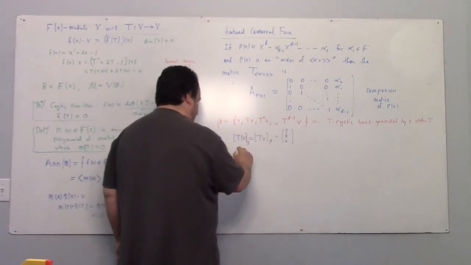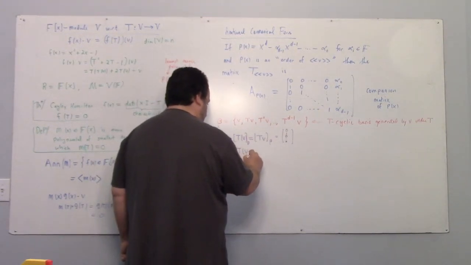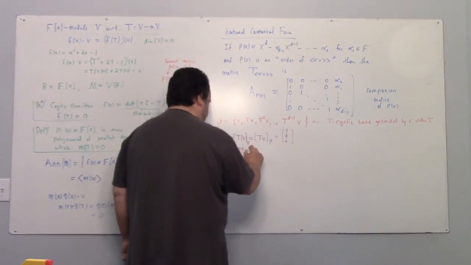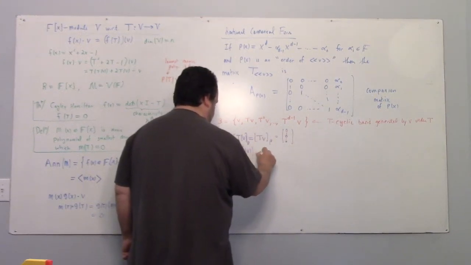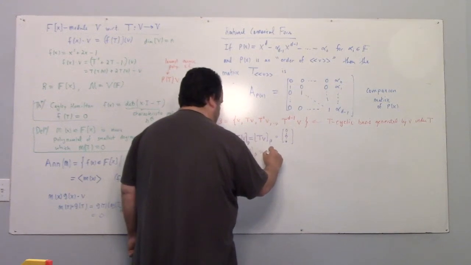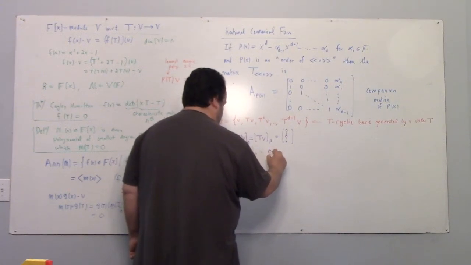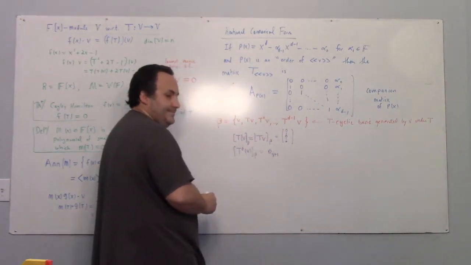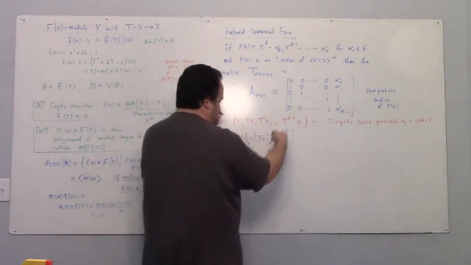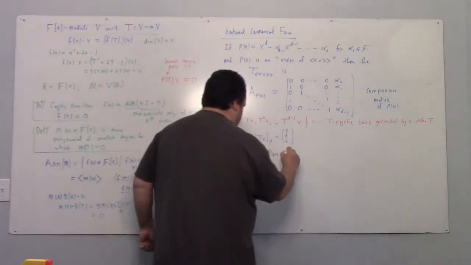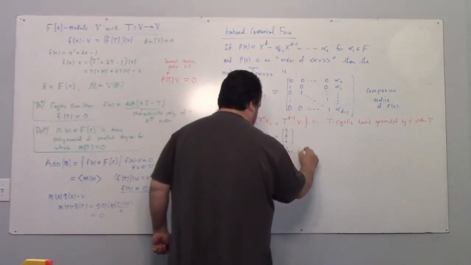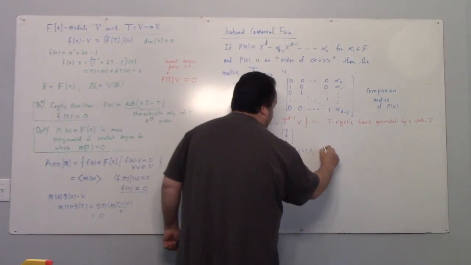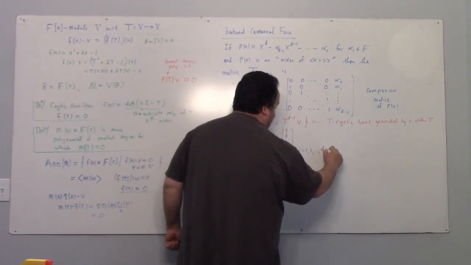Generally speaking, if we look at the jth power of T acting on v with respect to the beta coordinates, we get, of course, what? We get the jth column, e_{j+1}, right? Because it goes to the next one, right? But that's only true for j equals 1, 2, all the way out to d minus 1, right?